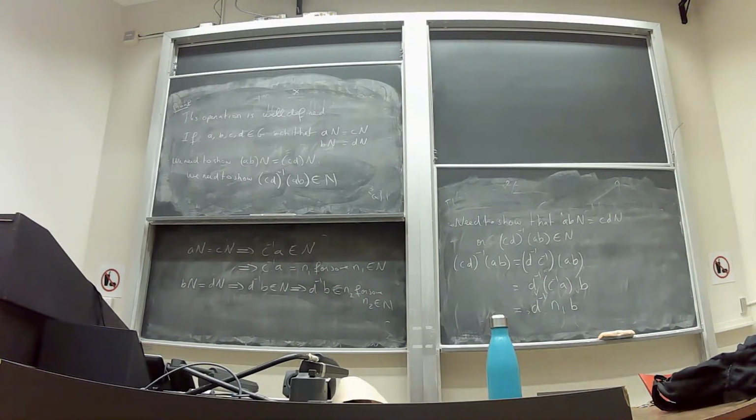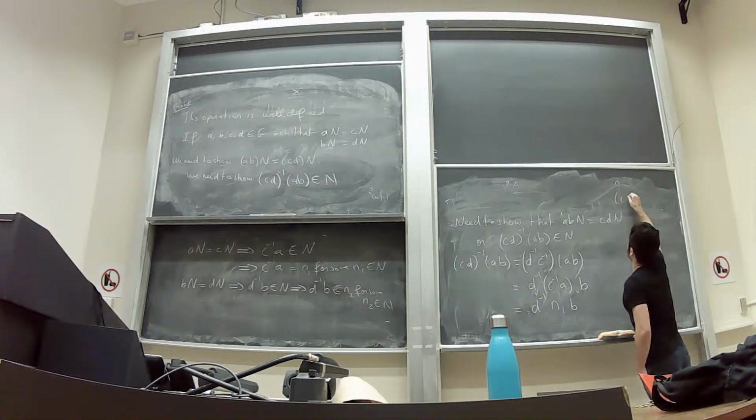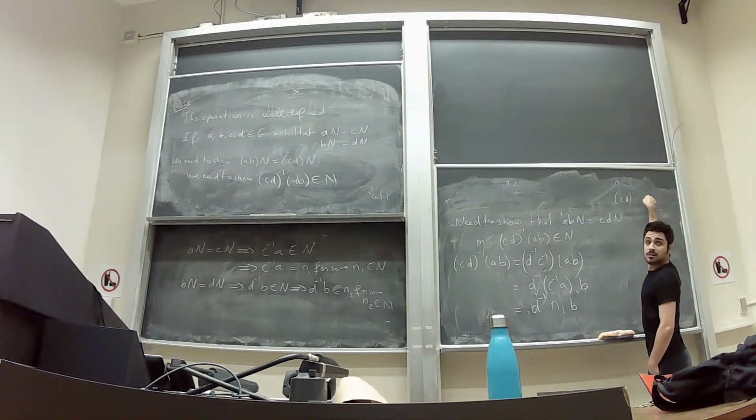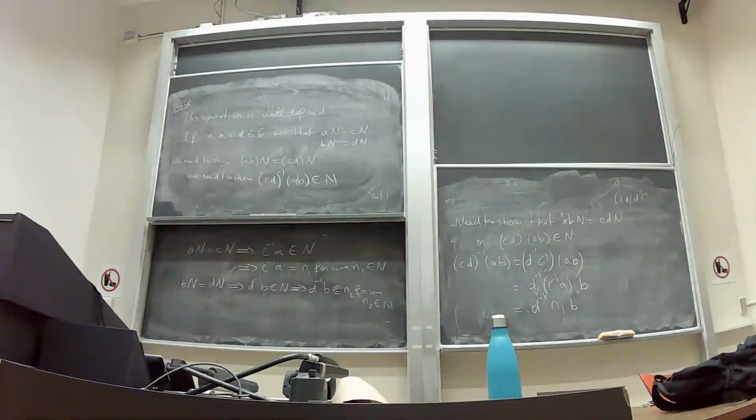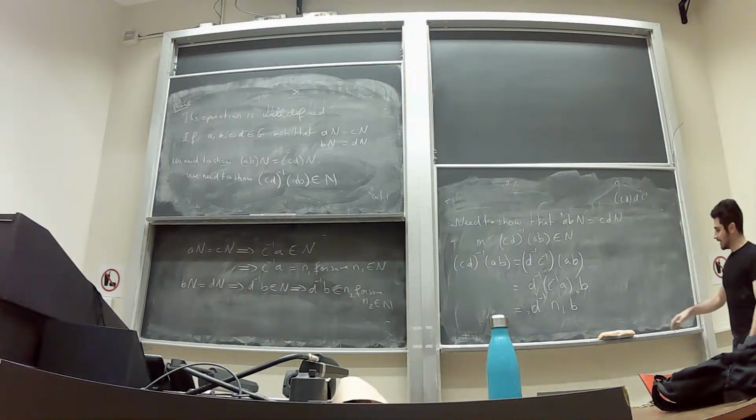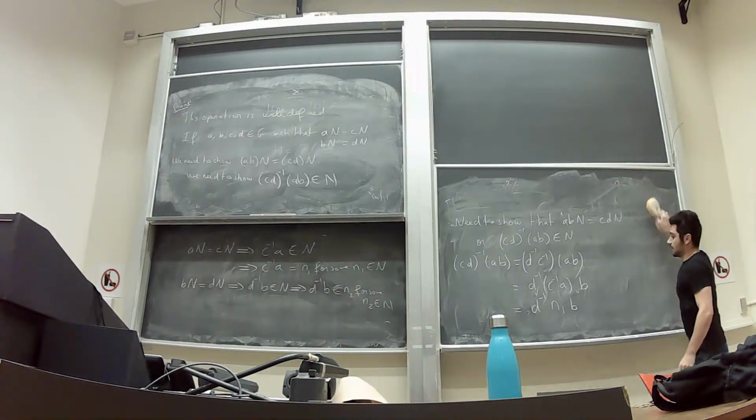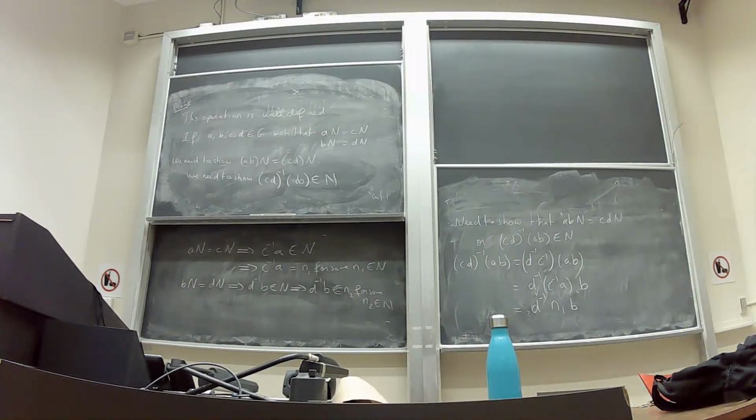Yes, sir. I saw that you changed the CD inverse. Okay, so CD inverse. What do you need to multiply CD by to get 1? You multiply by the inverse. Great. Now, if G is abelian, then that would be obvious.